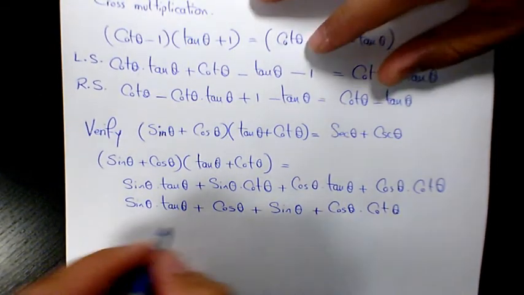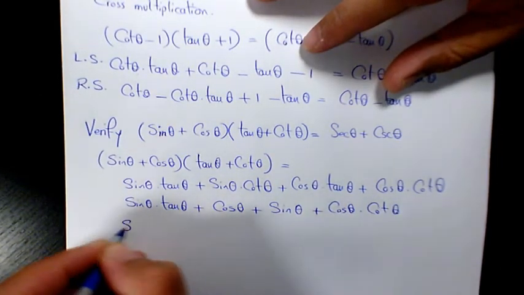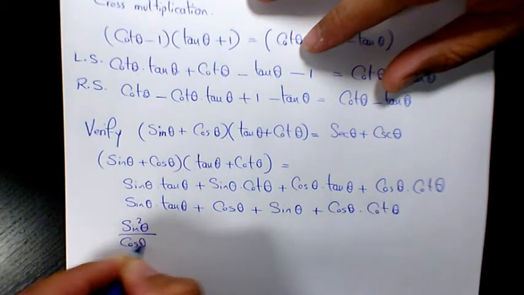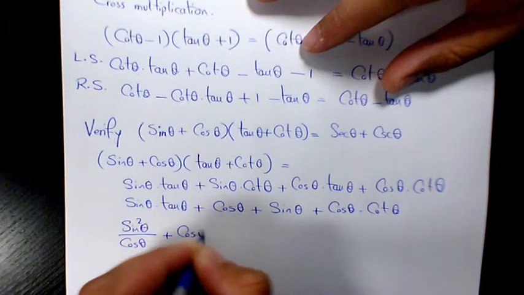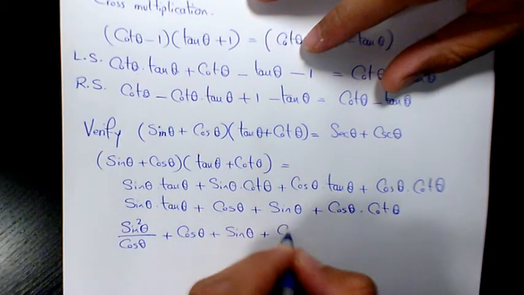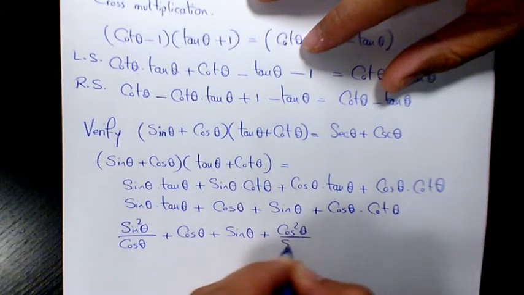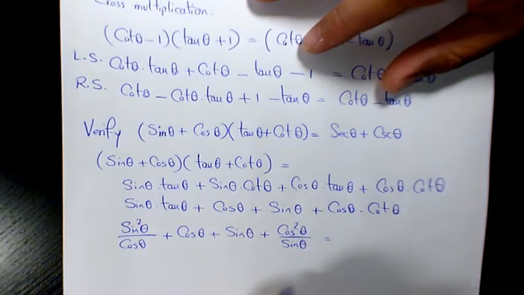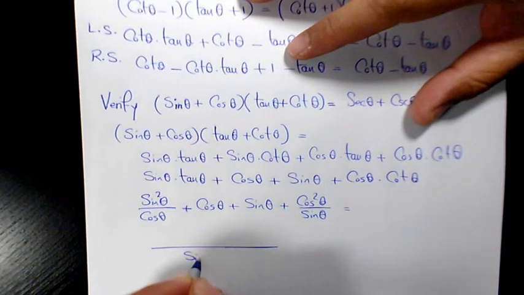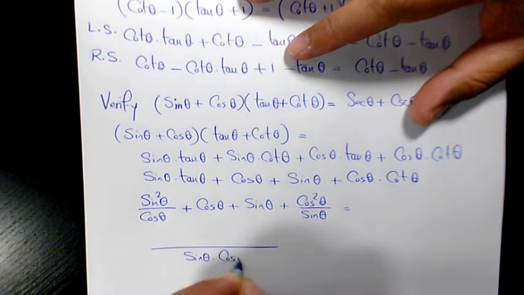Then we expand this one. That's going to be sine squared theta over cosine theta plus cosine theta plus sine theta plus cosine squared theta over sine theta. Now if we add all these four, we need to have the common denominator.